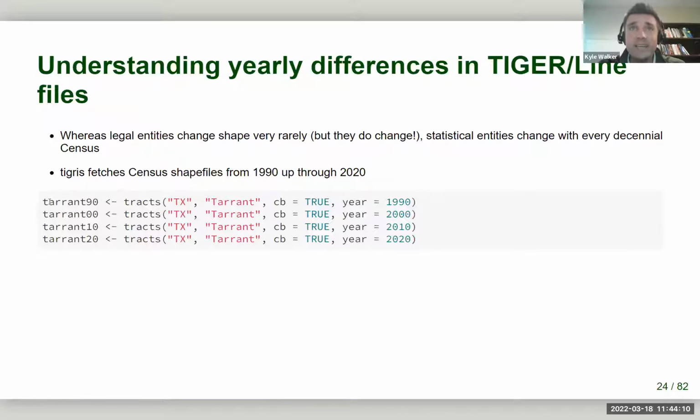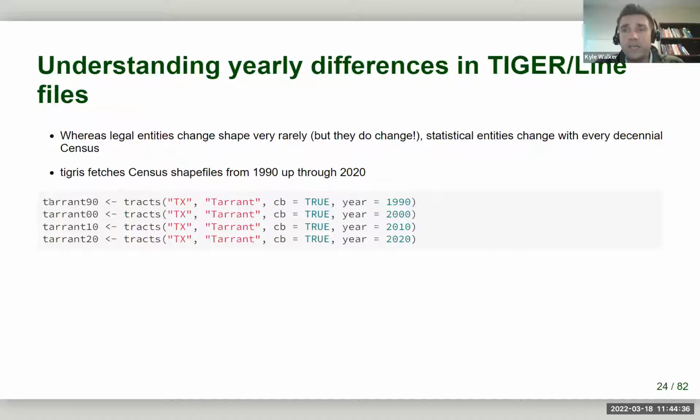But statistical entities like census tracts, block groups, and blocks are going to change with every decennial census. We're talking about 2020 census data here, but in some cases, you're going to want to look at change over time. And tigris provides access to data sets all the way back to 1990.